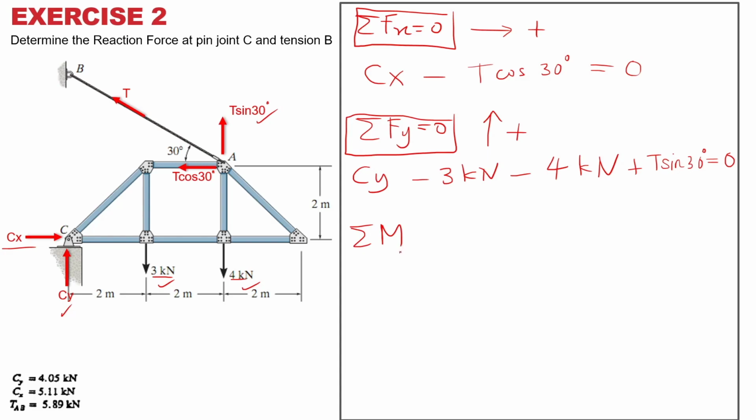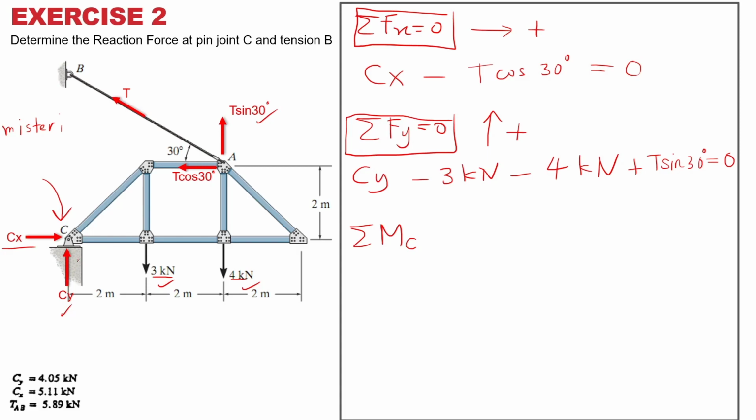Next, we go for moment. So for moment, we have to take a look at the location which has the most unknowns. So the location with the most unknowns is location C. At location C, there is Cx, and then there is Cy.